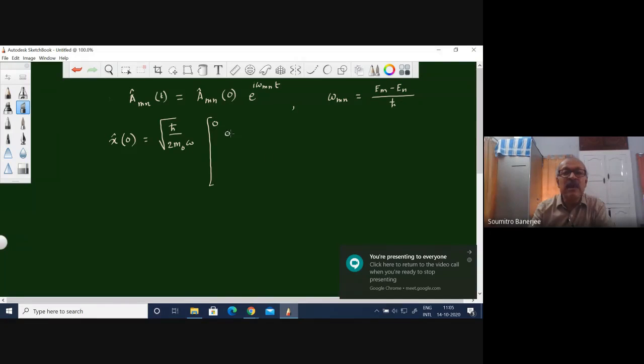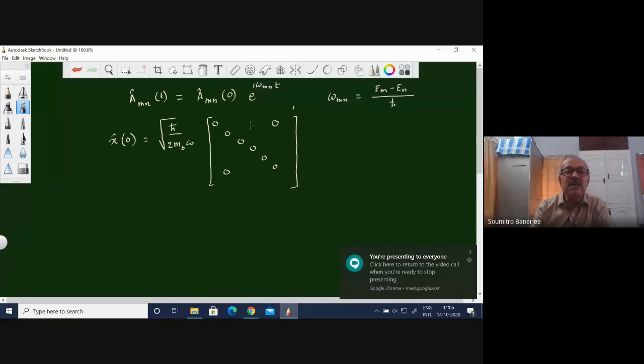So why would the diagonal terms be 0? Because if there is a transition from m to m, the value is 0. The energy difference is 0. So therefore the diagonal terms will be 0. All these terms will also be 0. Only these two, one step off-diagonal elements will remain.